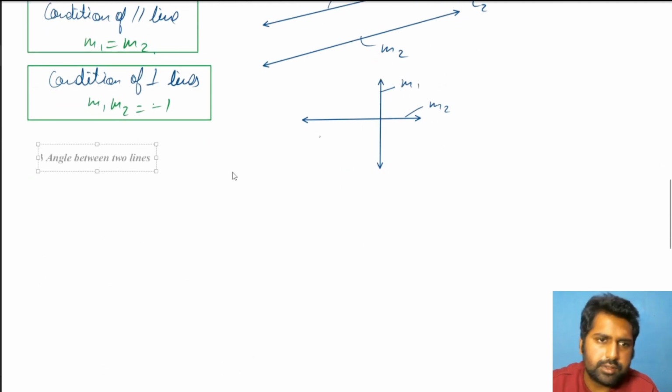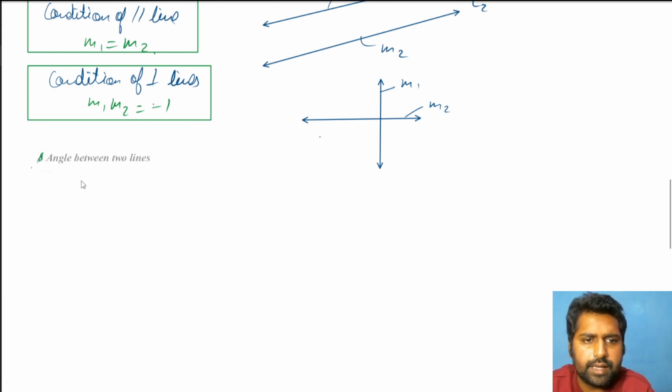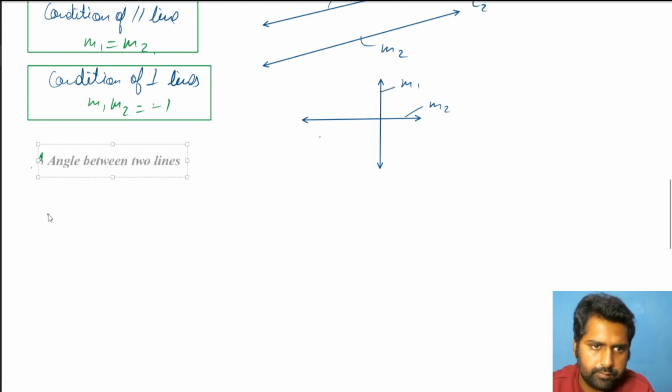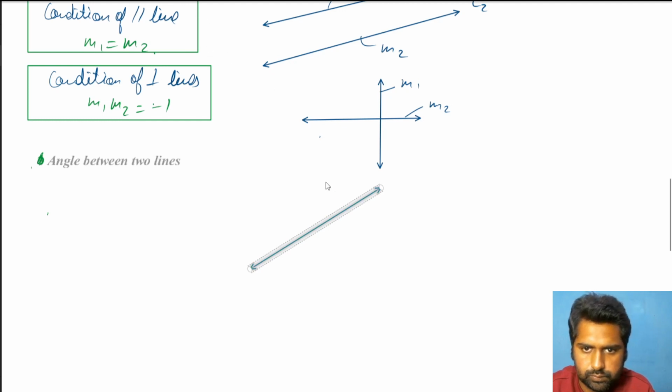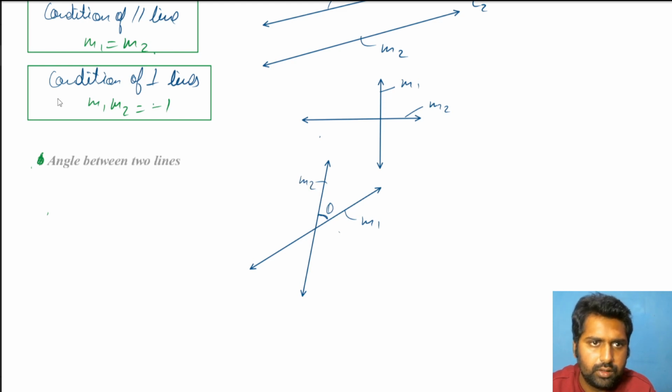Okay. Let's cover the next topic, angle between two lines. So suppose two lines can be at any angle. Let's say this is the scenario. Some angle between them, we have to find that. Let's say this line has slope m1, this line has slope m2. Now for the angle between them, I'll not say theta because otherwise it will confuse you.